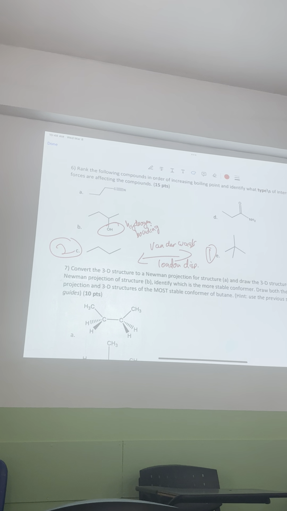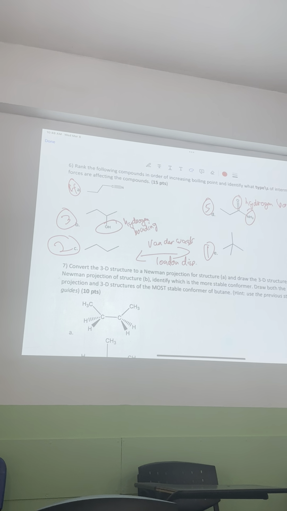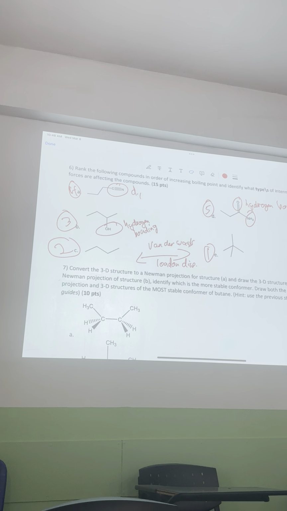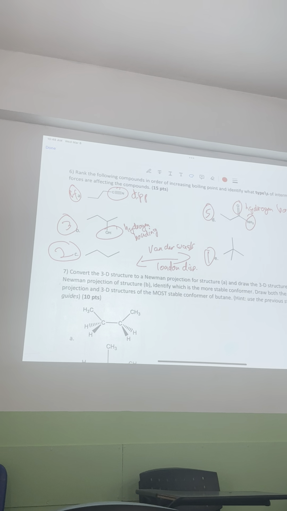Then number 4 was this one, and number 5 is this one. These have 2 regions for hydrogen bonding. And then this one was a dipole, but also hydrogen bonding.